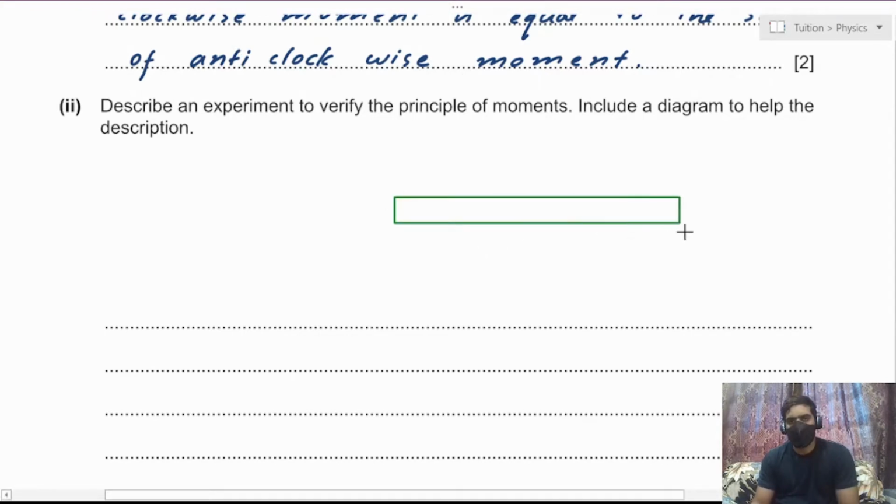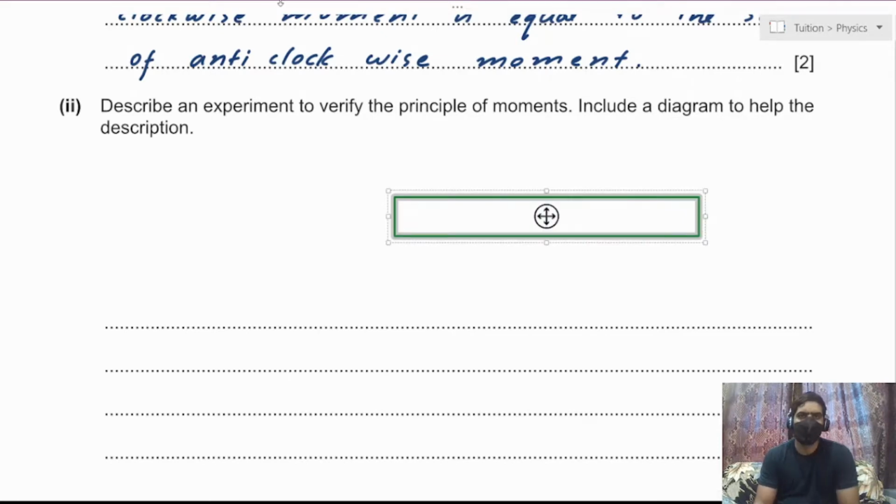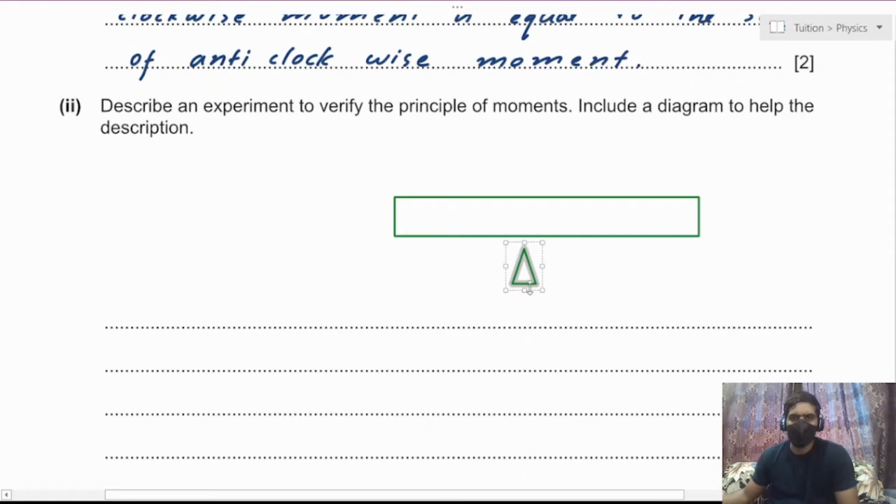So a very common experiment, and generally this experiment is always conducted in the lab. So take a meter rule, and you balance the meter rule on a pivot. Sometimes they use a triangular prism as a pivot. Anything which is convenient can be used.